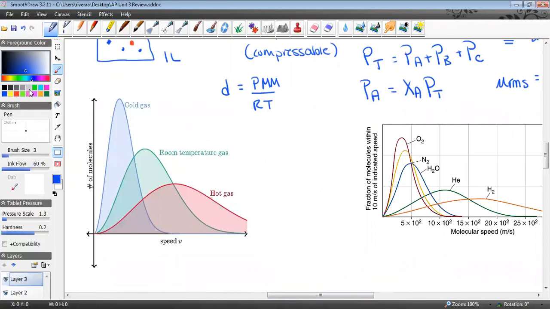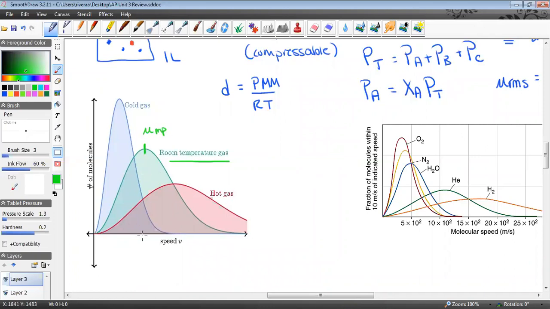Let's first look at this green room temperature gas. This sample has a certain number of molecules in it. Some are moving really slow, over here, and some are moving really fast, over here. But your most probable speed is at that peak. Sorry, that's not your average, that's your most probable.